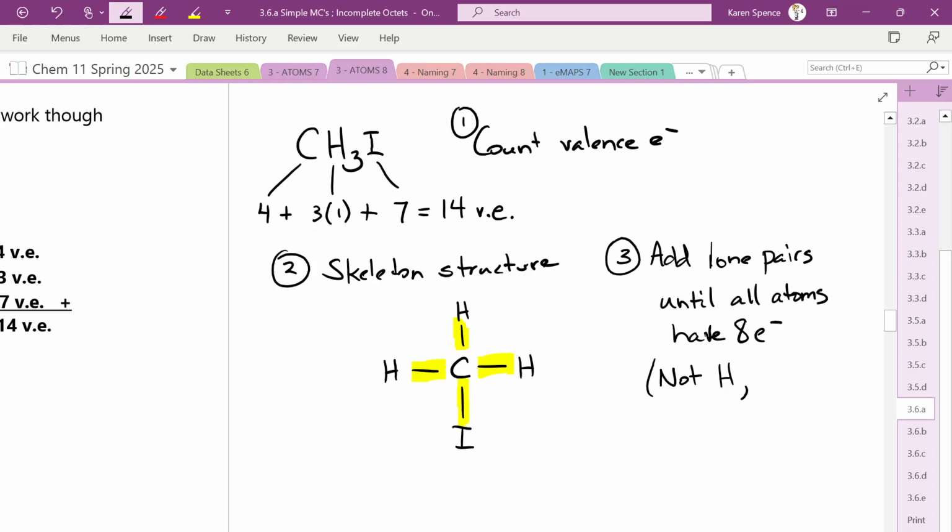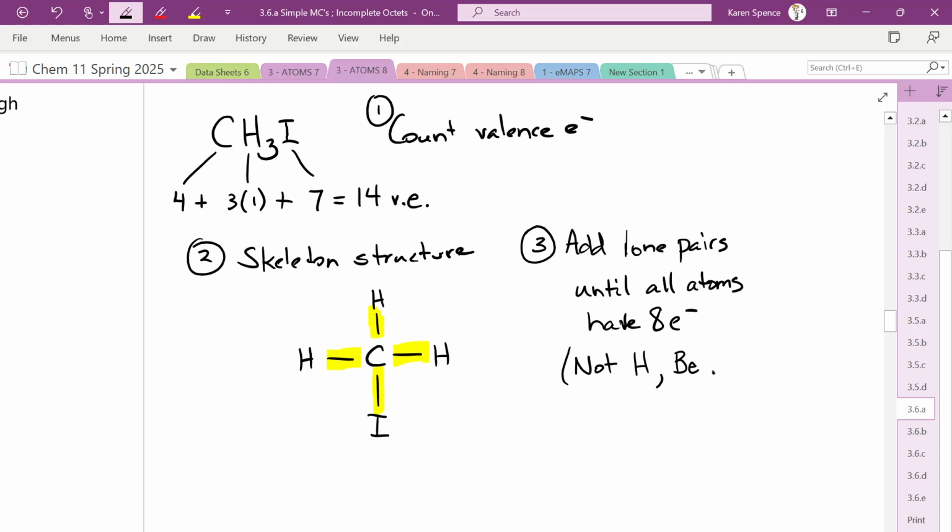And who else? B, which is beryllium. B. And what 2 elements make up B? Boron and aluminum. And the number of electrons that they want is 2, 4, 6, 6. Okay? I'm just going to keep reminding you of those. We don't have to worry about them because we don't have any of those this time, but we're just going to keep reminding ourselves of them.